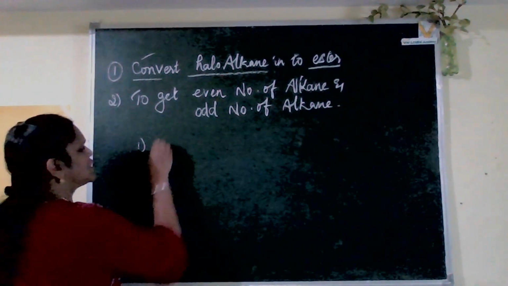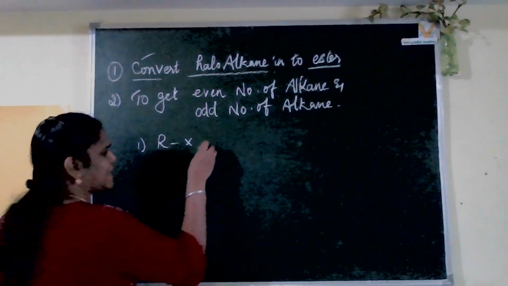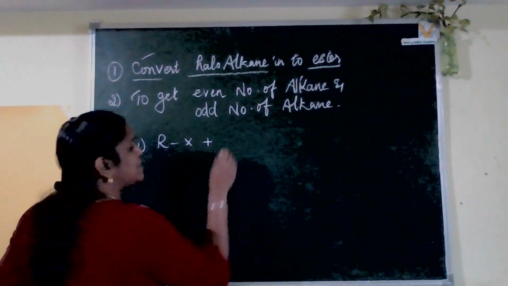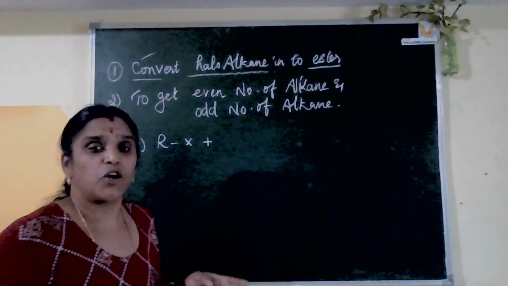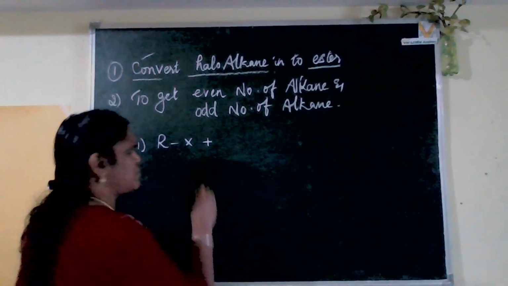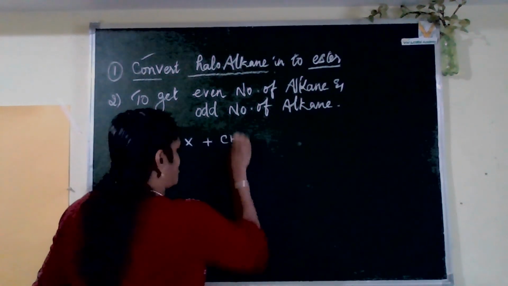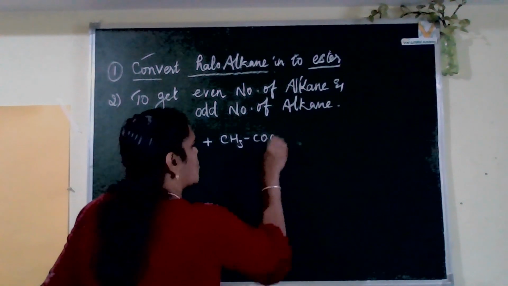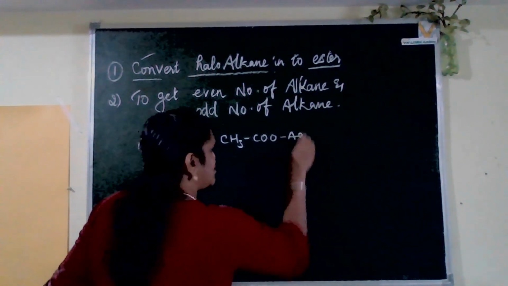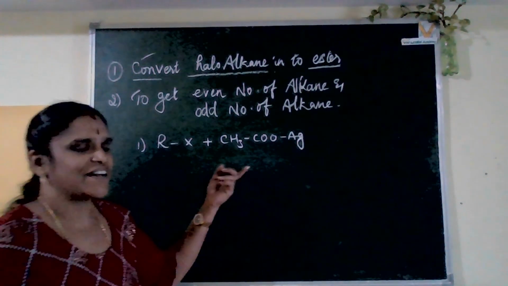The first one: RX, haloalkane, combined with silver salt of carboxylic acid. What is silver salt of carboxylic acid? CH3COOAg, silver salt of carboxylic acid, so silver acetate.